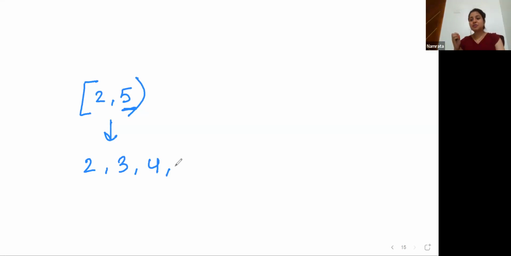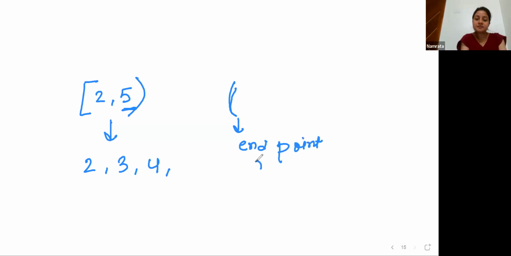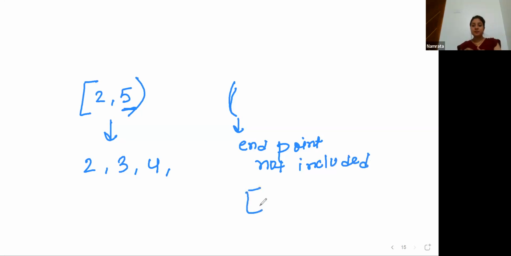So there are two different types of scenario: open interval and closed interval. It can be a combination of open and closed interval like this also. Whenever this sign is there, it means the endpoint is not included, and whenever this sign is there, the endpoint is also included.